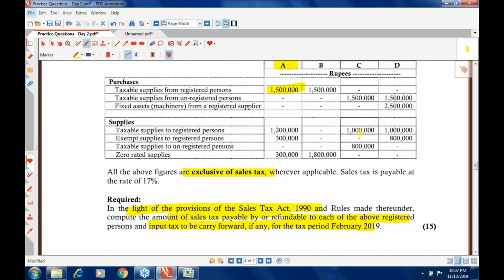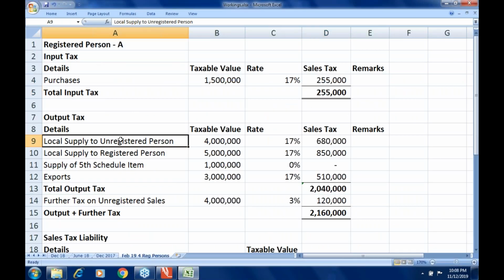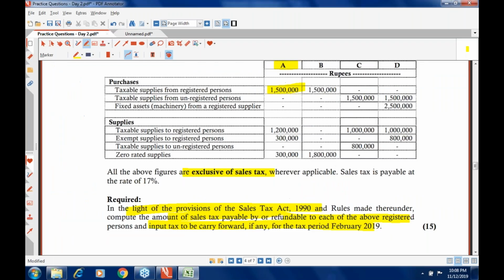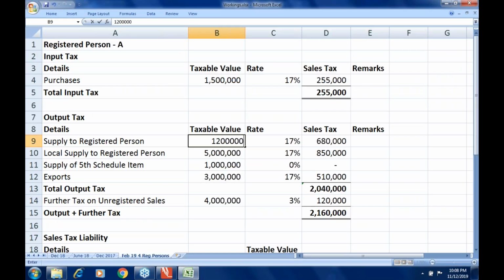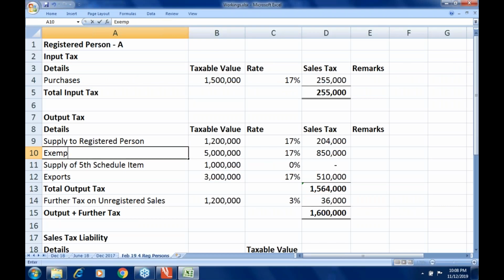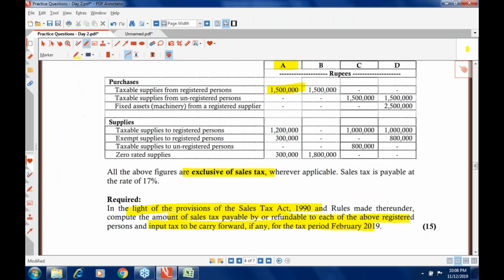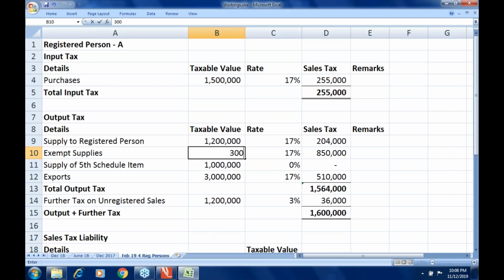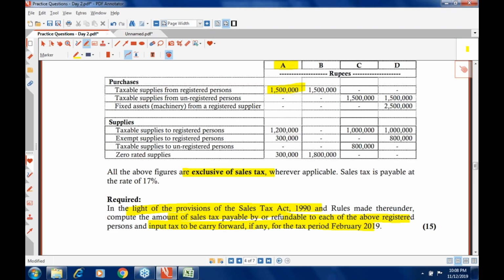Then it says supplies to registered person is 1.2 million. Further, it says exempt supplies. So when we say exempt supplies, that's 300,000. And there's going to be no tax applicable on the exempt supply.